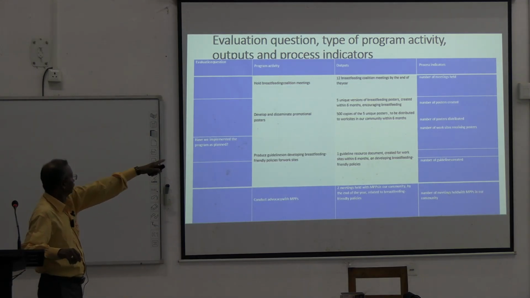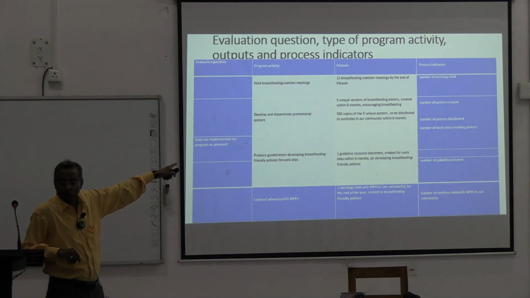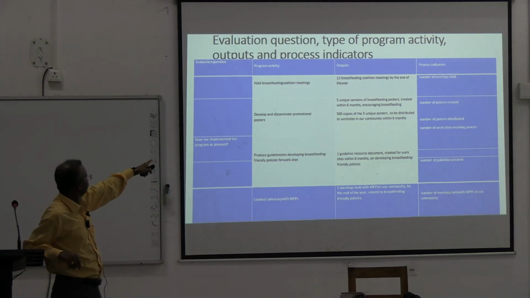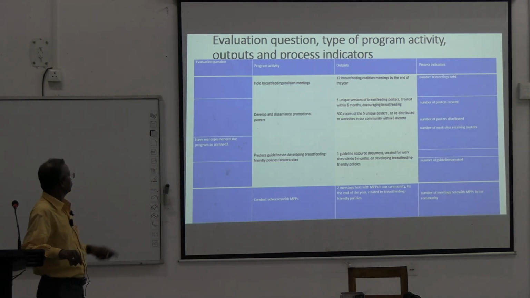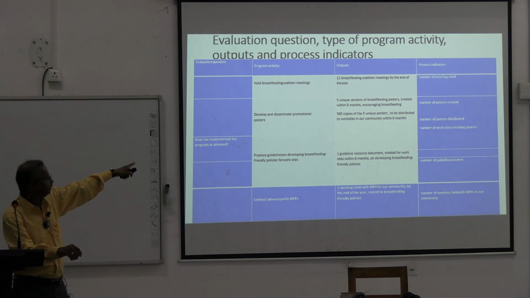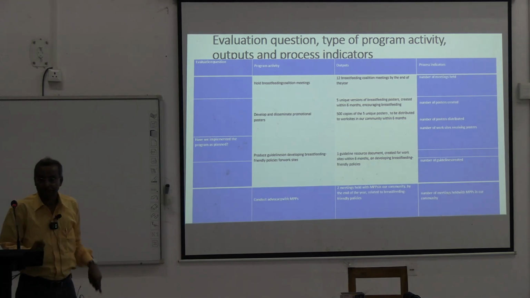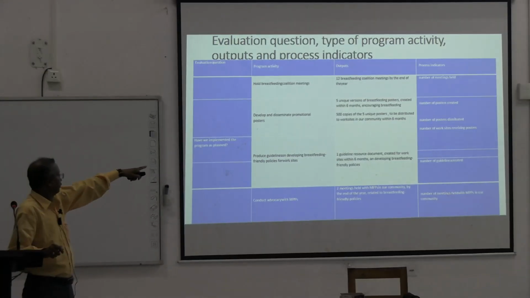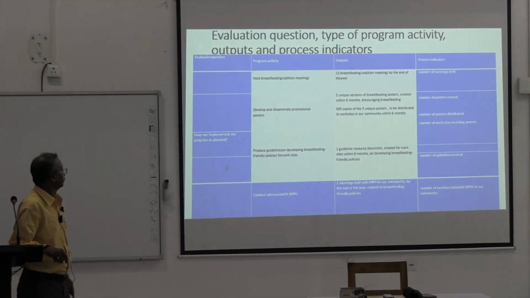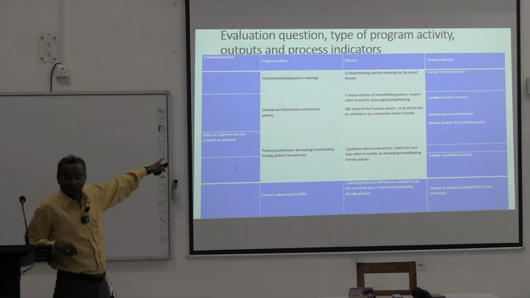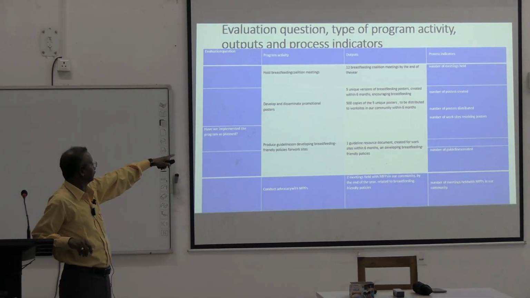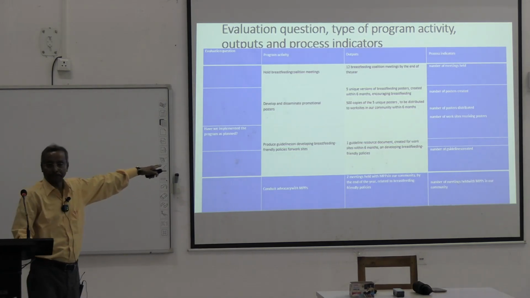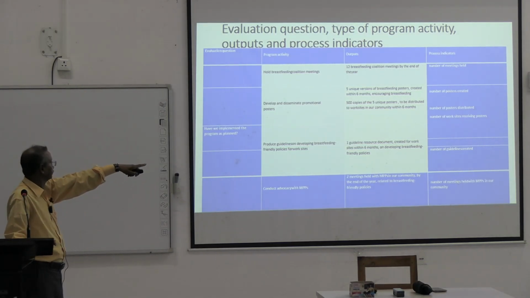5 unique versions. Look here, process indicator first, number of posters created. How many posters did we create about breastfeeding? 5 unique versions of breastfeeding posters created within 6 months, encouraging breastfeeding. That was the activity. Next, number of posters distributed, 500 posters, 5 unique versions has been distributed to the work sites in the community within 6 months.